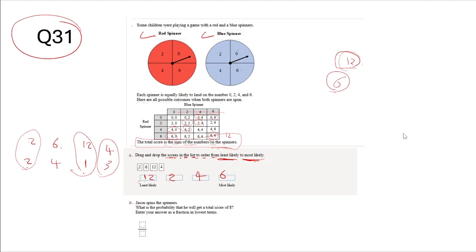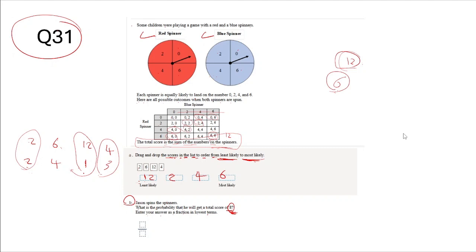Now number B. Jason spins the spinners. What is the probability that he will get the total score of 8? Enter your answer in the fraction lowest term. How many times can he get the total score of 8? Let's see all the values.